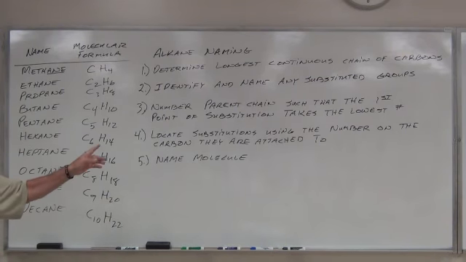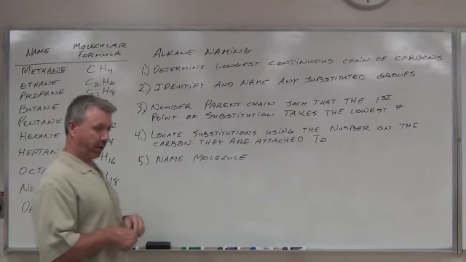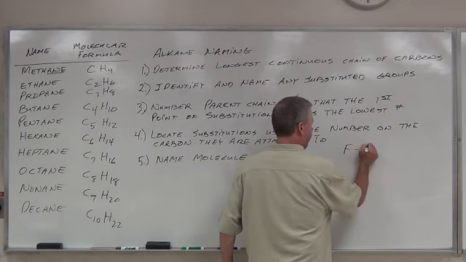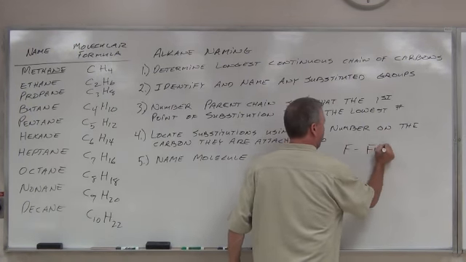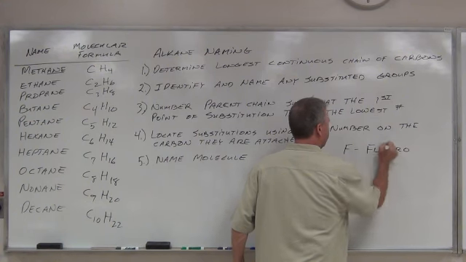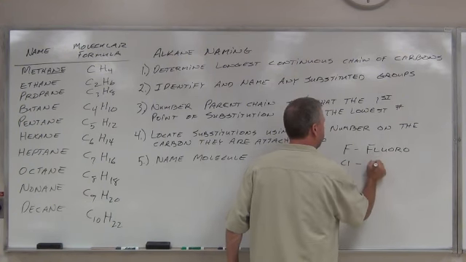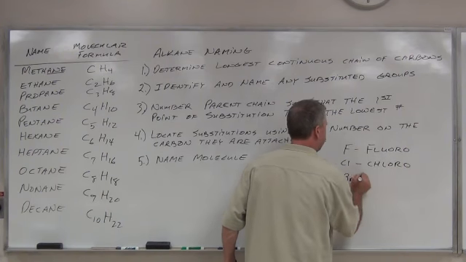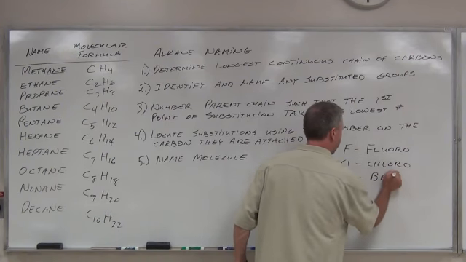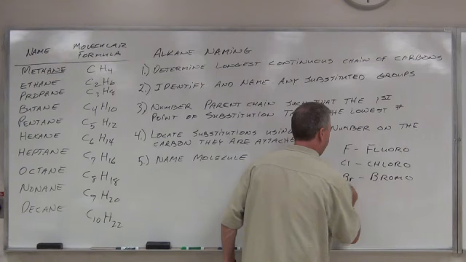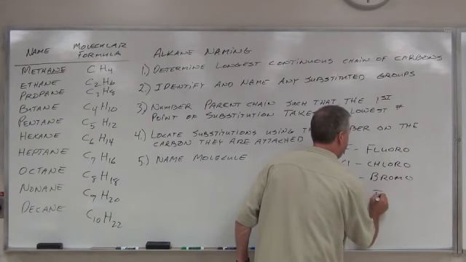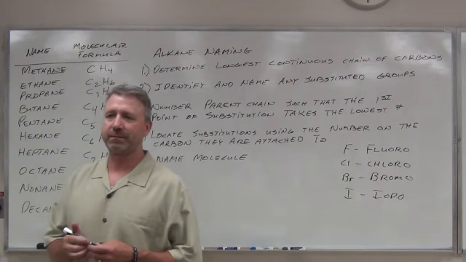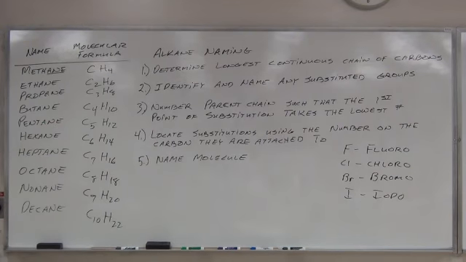That's not so in organic nomenclature. Fluorine is fluoro. Chlorine is chloro. Bromine is bromo. And iodine is iodo. We're running out of board, huh?